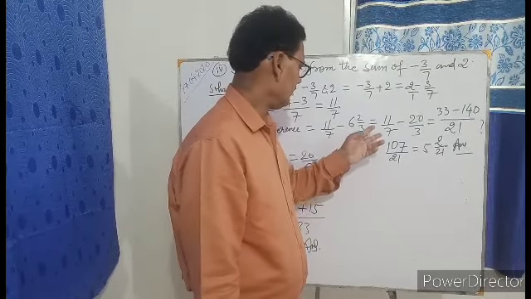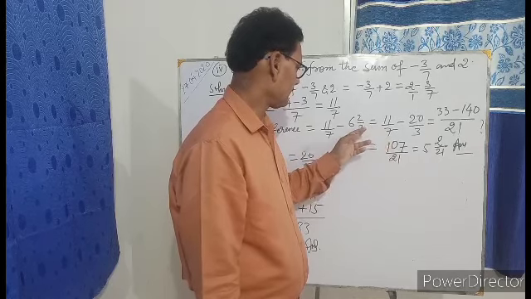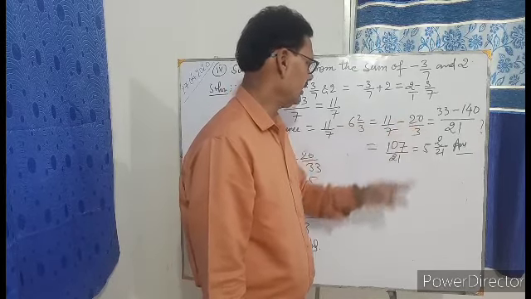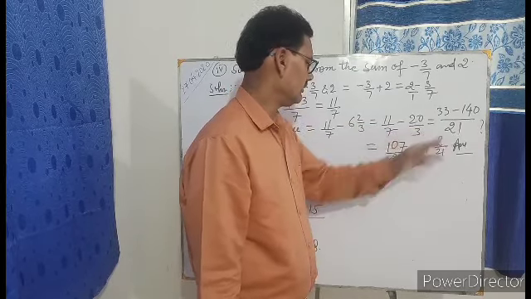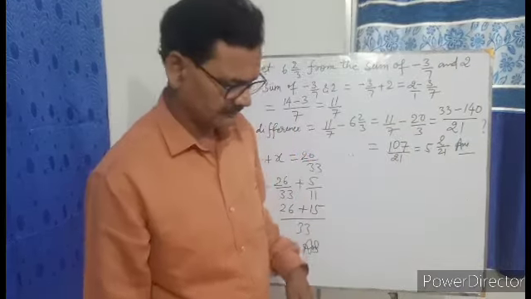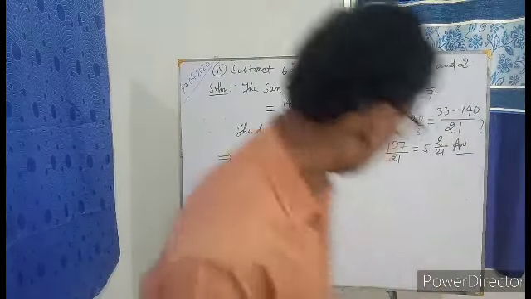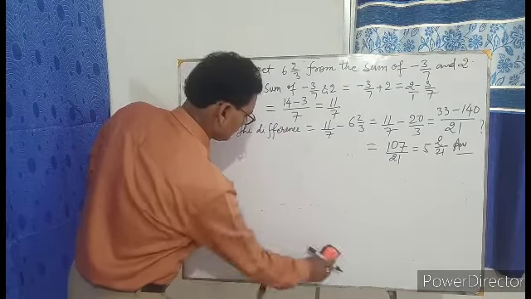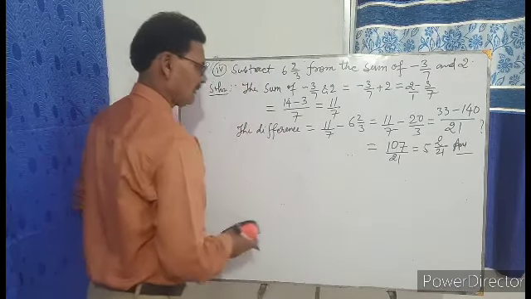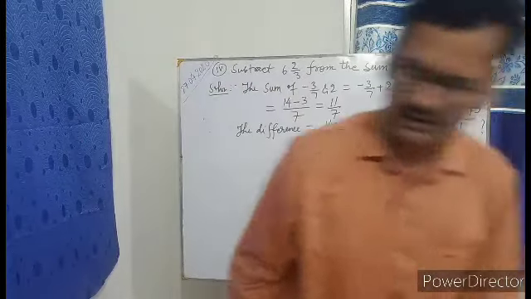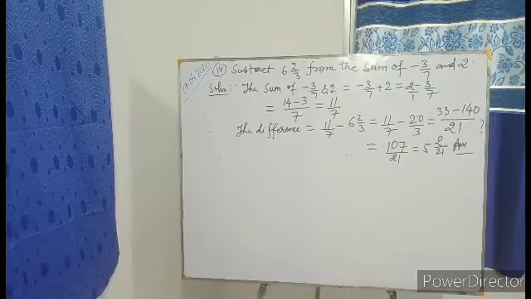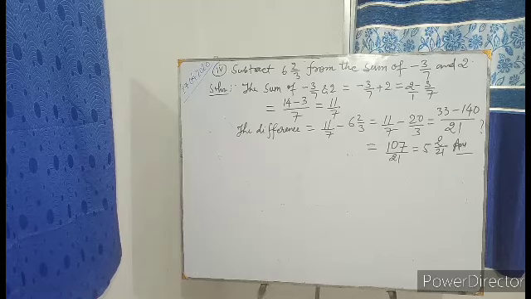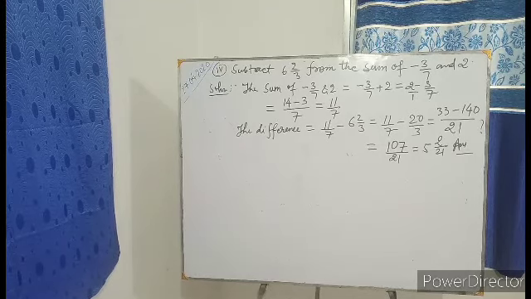That is 11 by 7 minus 20 by 3, and so the LCM is 21, and in this way this is your answer. Okay, now let us switch over to the next question. That is the same type of question: find the value of 1 whole 1 by 1 plus 6.